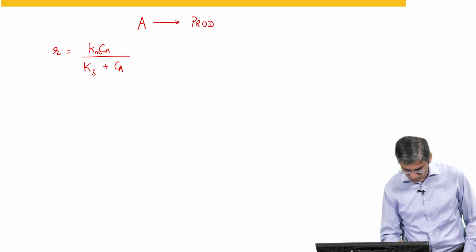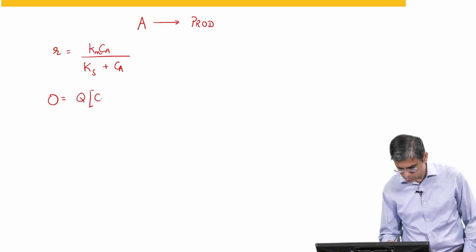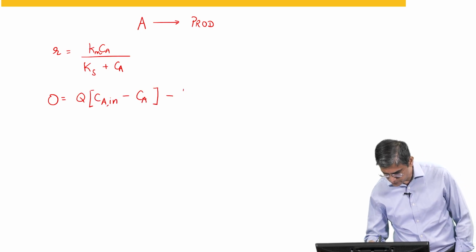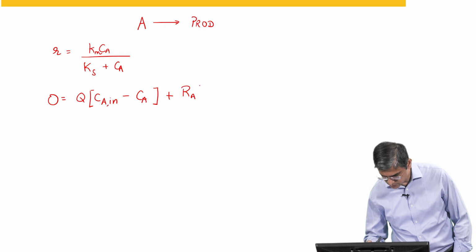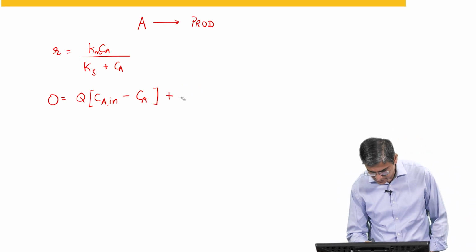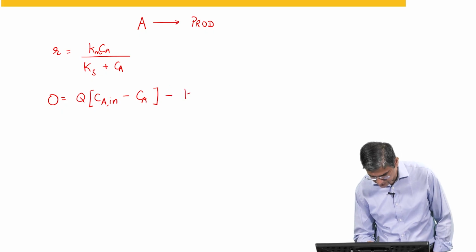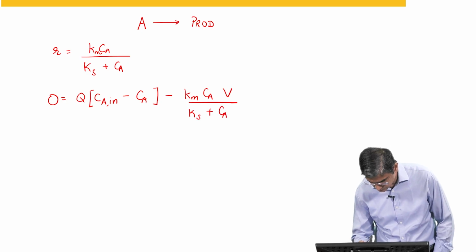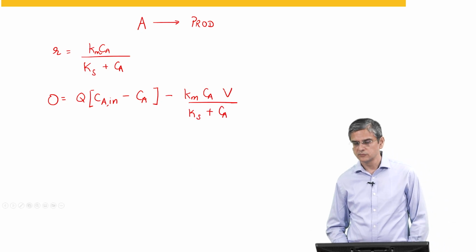So, for a CSTR what we do is 0 equal to Q Ca in minus Ca plus RA V, and RA is just going to be negative of the rate.